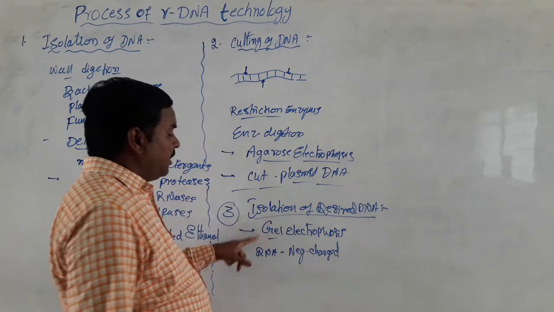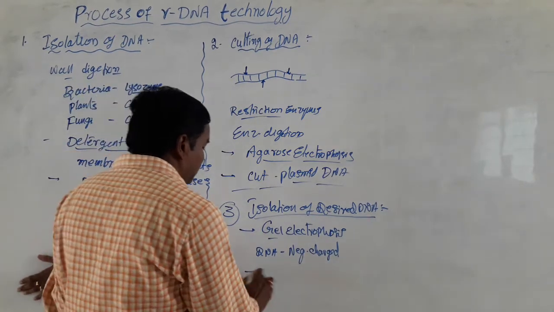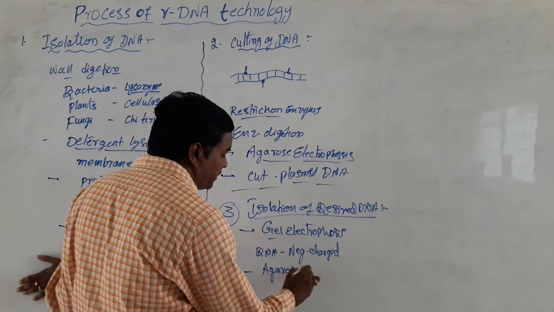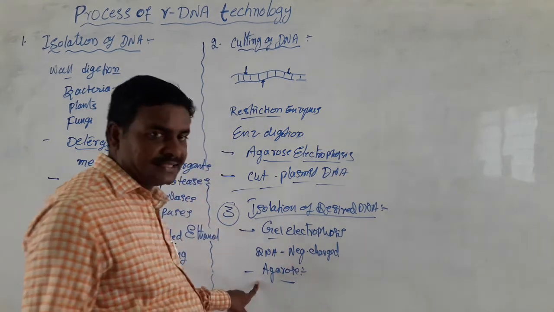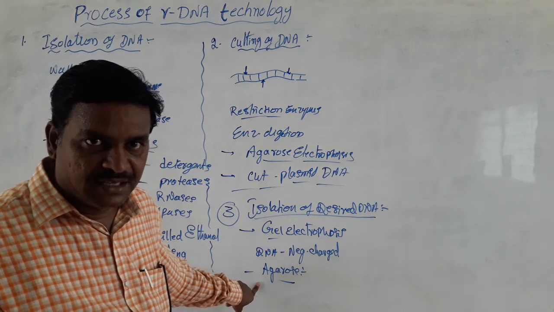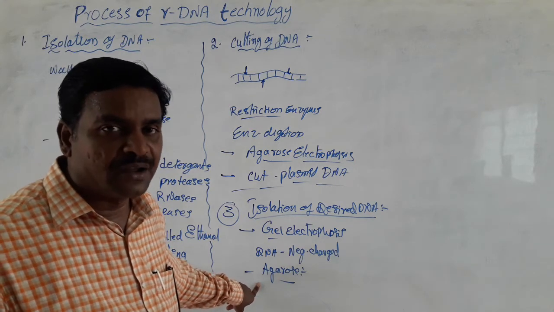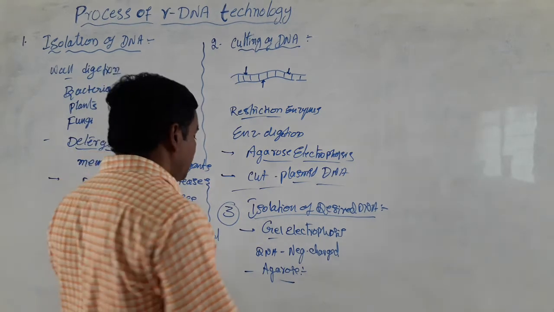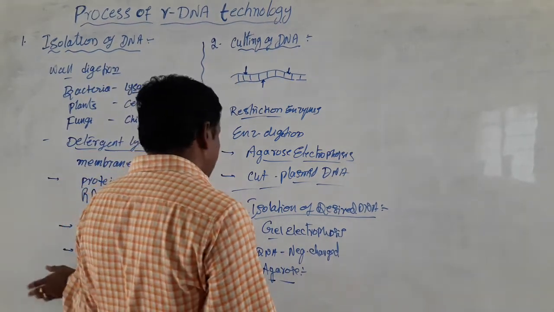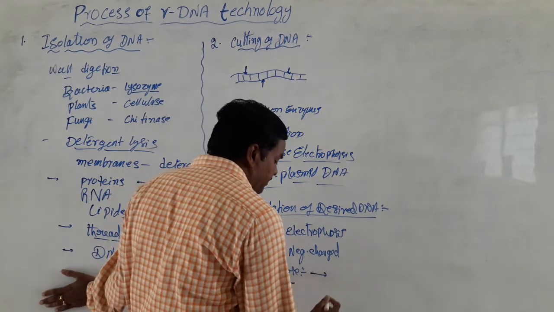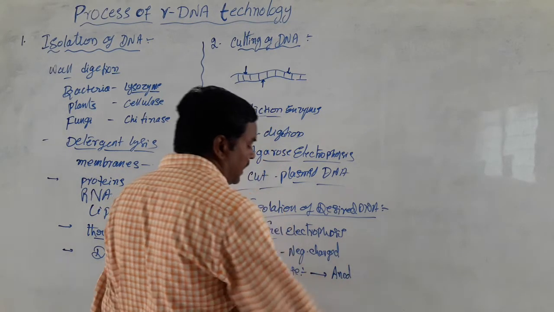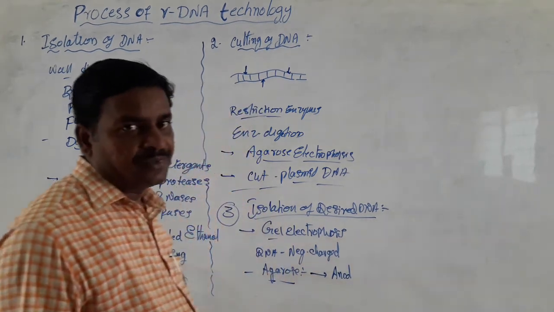So, by using the medium agarose, which is a polysaccharide polymer obtained from sea grasses, negatively charged DNA molecules can be forced to move towards the anode under an electric field.